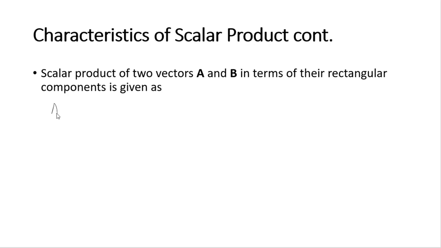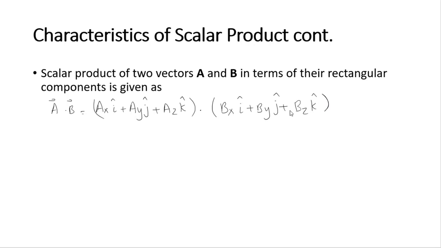We know that if the vectors A and B have components in three dimensions, then we can write AxI plus AyJ plus AzK, and taking the dot product between them will simplify it, because the angle between the same or parallel vectors or mutually perpendicular vectors gives us 1 and 0.